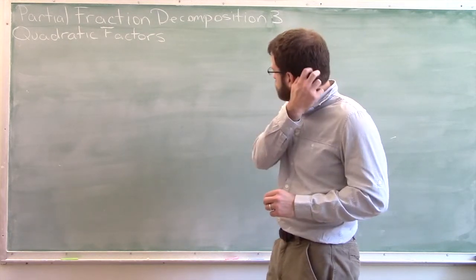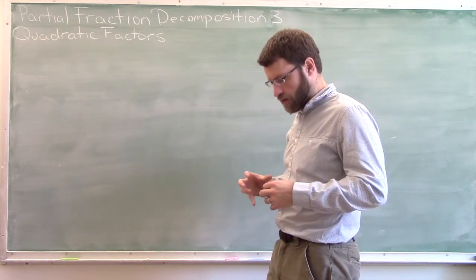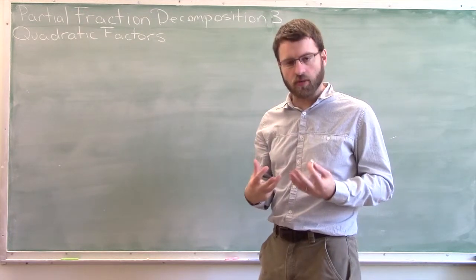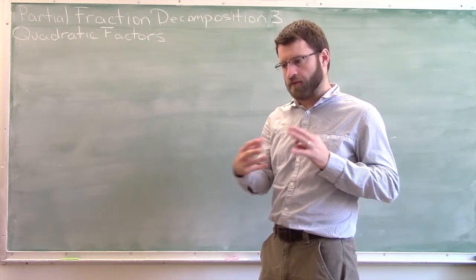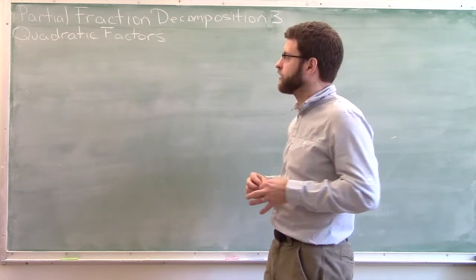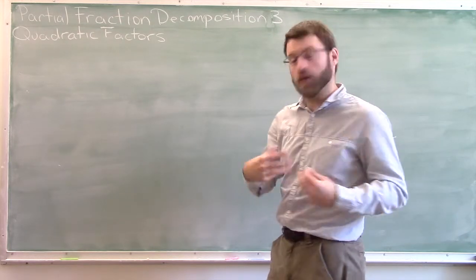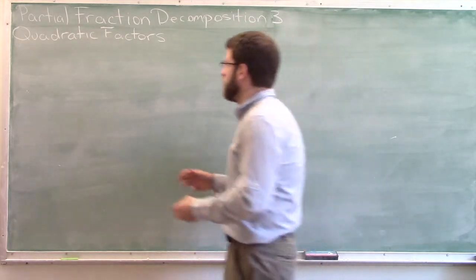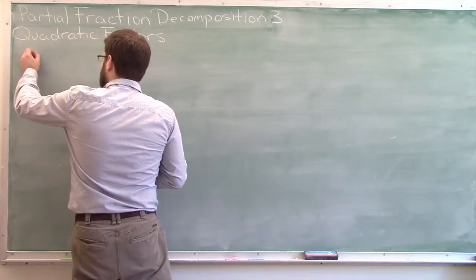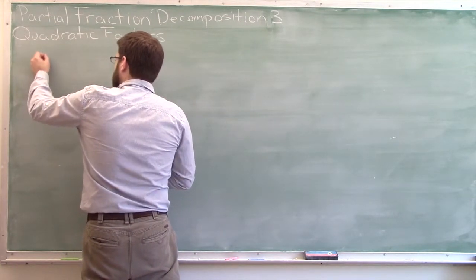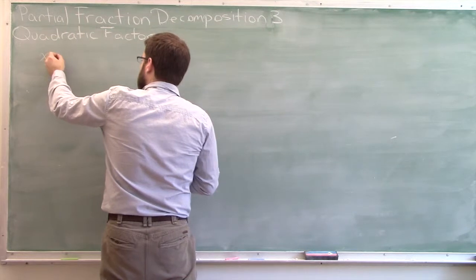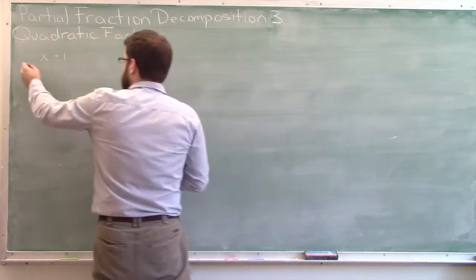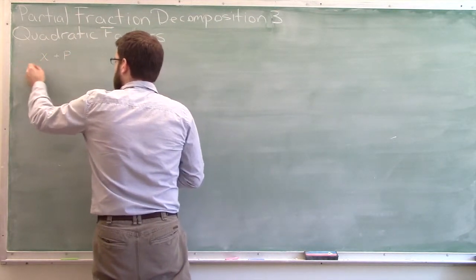What I'd like to do to start out is to show you the basic shape that we're going to be building off, the basic format that you use to look at the partial fraction decomposition, and then we'll do an explicit example. So let's suppose that we've got a rational function. Maybe we have a polynomial in the numerator, say x plus 1 or something, maybe x plus p, keep it a little bit more general.